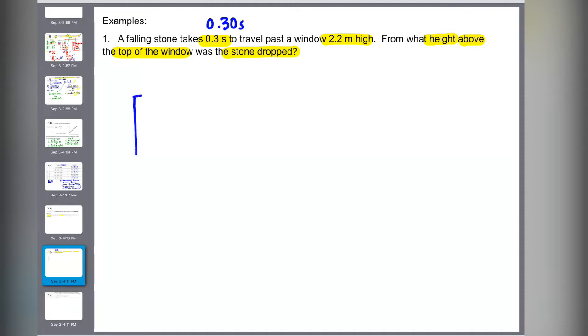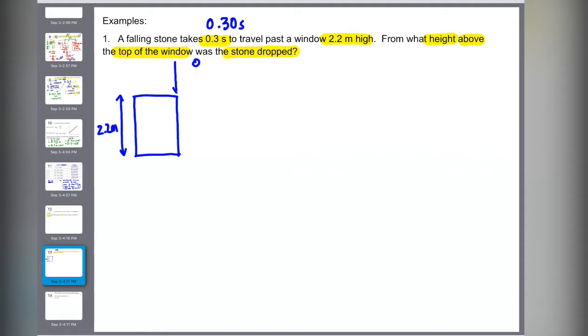So this is the window. They tell you that the window is 2.2 meters high, and that the stone was dropped somewhere up here, at the top.